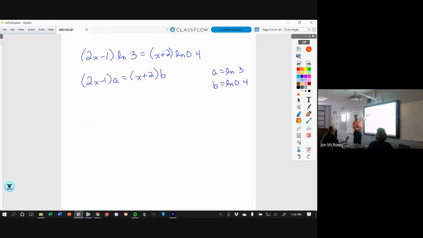Y'all okay with what I just did? Yeah, I guess. I just kind of cleaned it up a little bit, removed the natural logs.